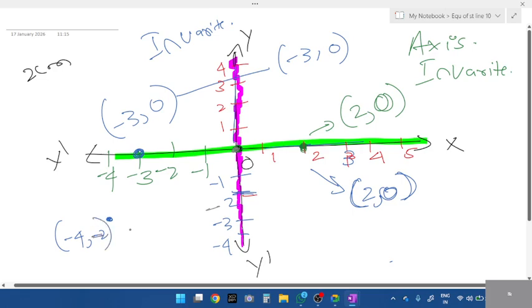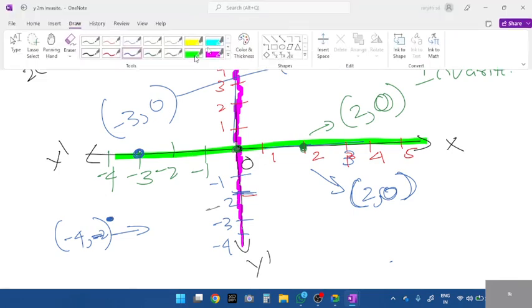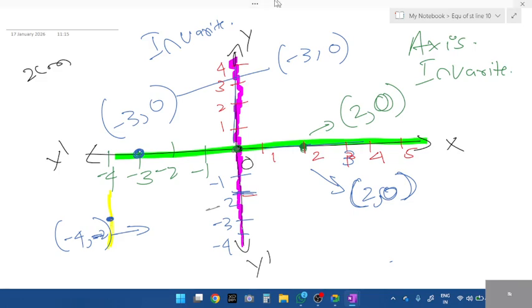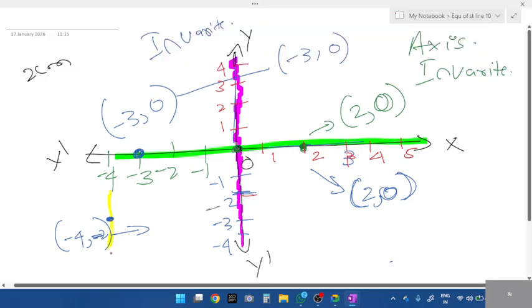Invariant will never change, students. Wherever the point is given, there is the mirror. Imagine you are holding the mirror, reflection is not possible. So the invariant answer is minus 4 comma minus 2.